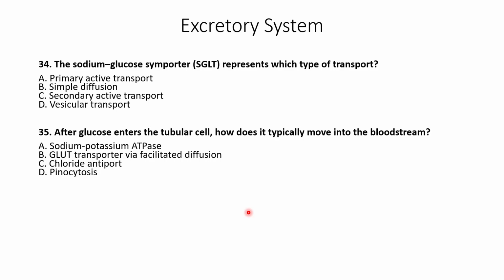While it doesn't use ATP, it does use a certain protein. So it's not just through the membrane, it is through a certain protein like a channel in the direction of its concentration gradient. So it's never against the gradient.